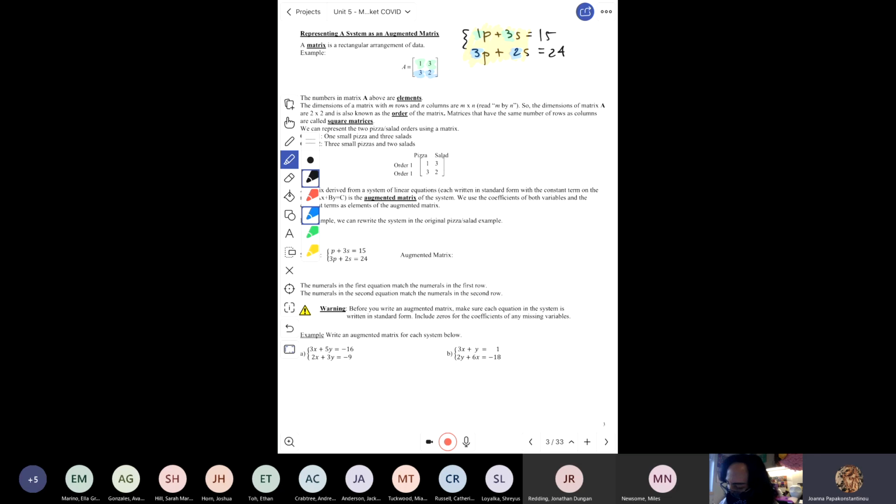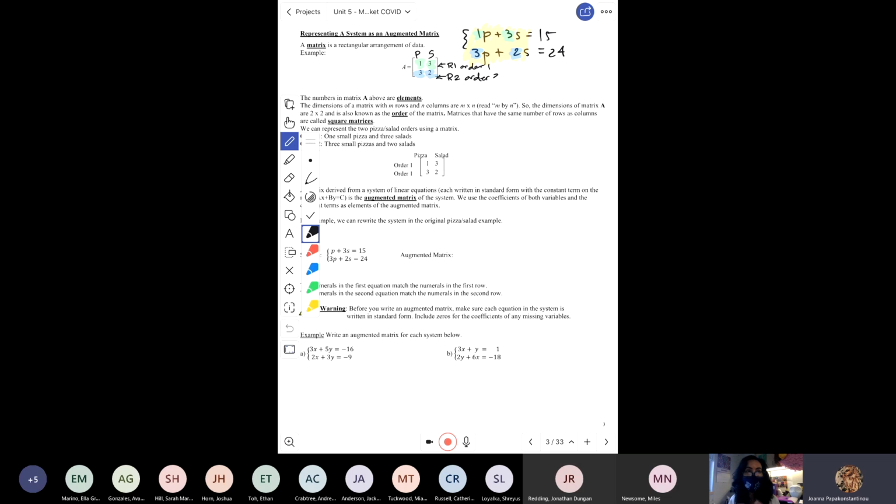So in other words, these are my coefficients of P, these are my coefficients of S, and each row is an order. So I have columns and I have rows. Does that make sense? Do you see how I've just taken that?